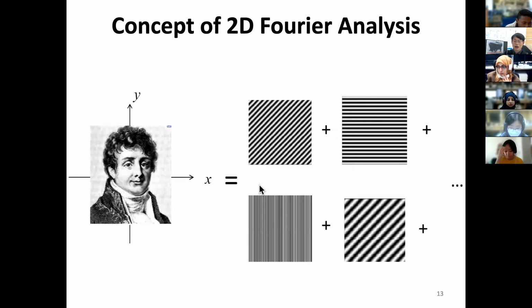Now we generalize this concept to an image. Let's consider a general arbitrary pattern of an image in XY. What we are saying is that this very complicated general 2D shape can in fact be decomposed as a superposition of many 2-dimensional sinusoids.